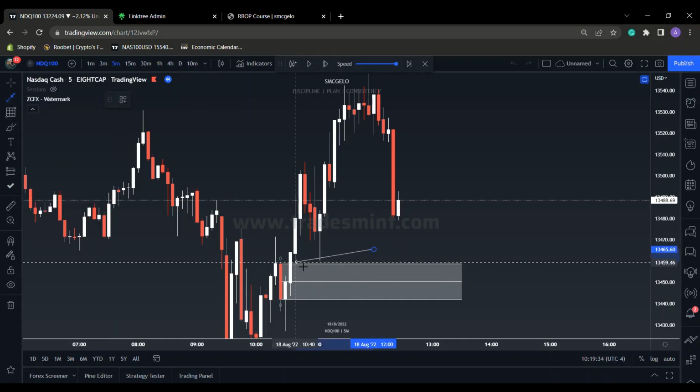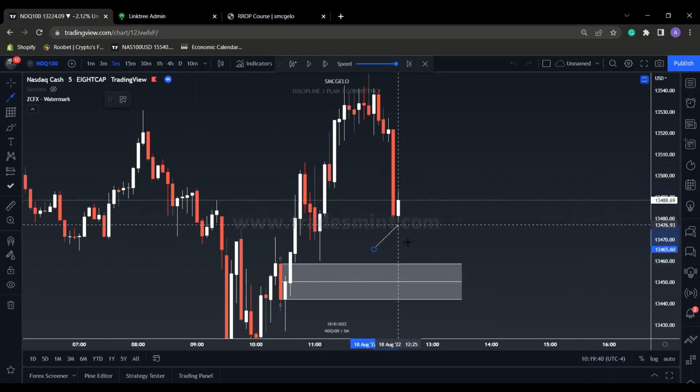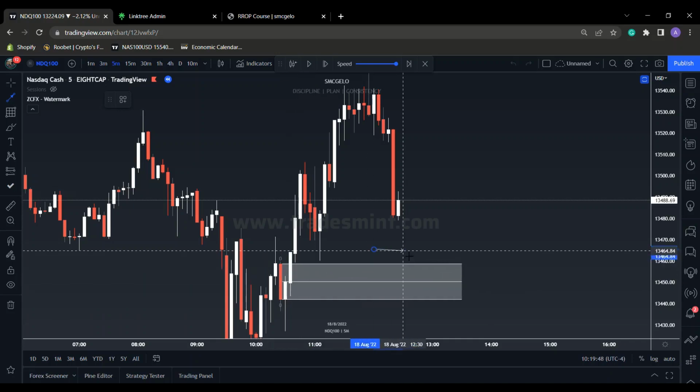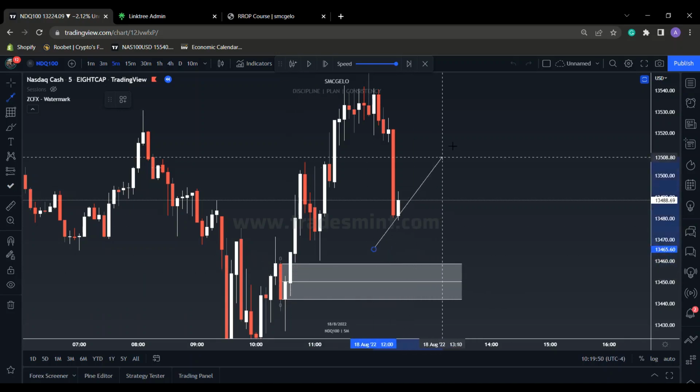Again, my arrow right here and right here, it left this gap. So price needed to come back down to fulfill this inefficiency, this imbalance, this fair value gap, whatever you want to call it, to come into our demand zone to continue up.